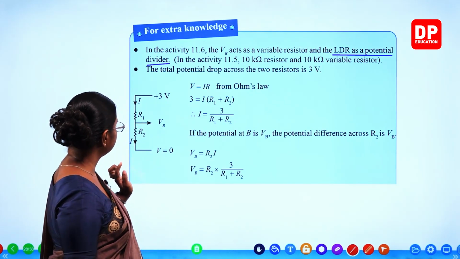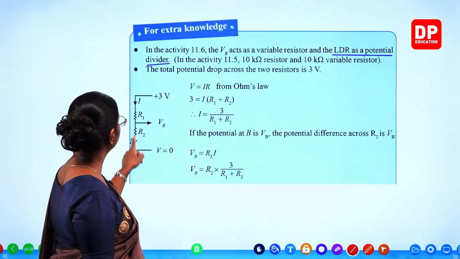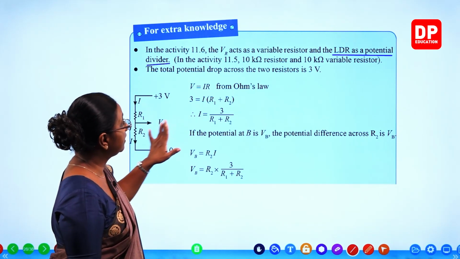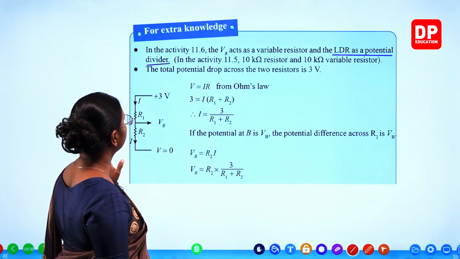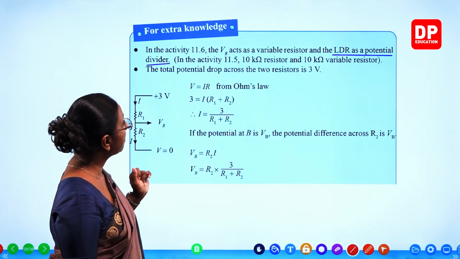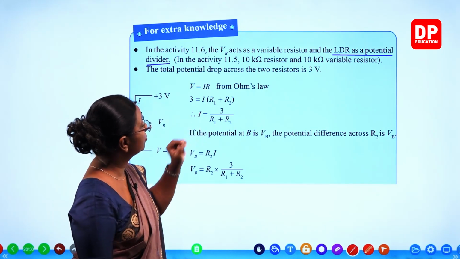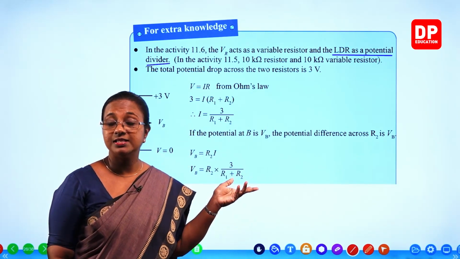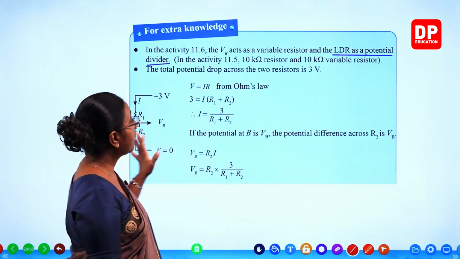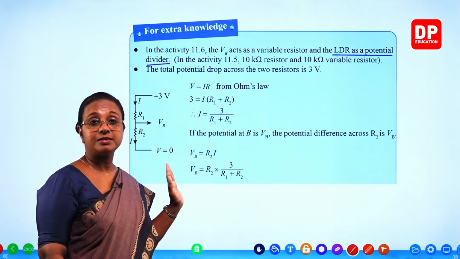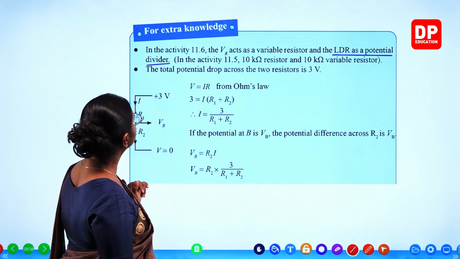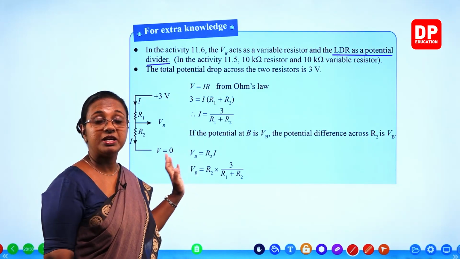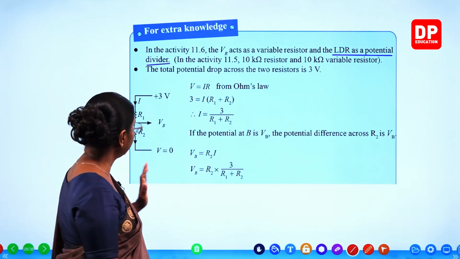You can see the base is in the middle, here voltage 0 and there voltage plus 3. The LDR is dividing the potential. In activity 11.5, instead of the volume control, we use a 10 kilo ohm resistor and a 10 kilo ohm variable resistor instead of the LDR. So there also we had the resistor as a potential divider. The total potential drop across the two resistors is 3 volts because we supply a voltage of 3 volts.